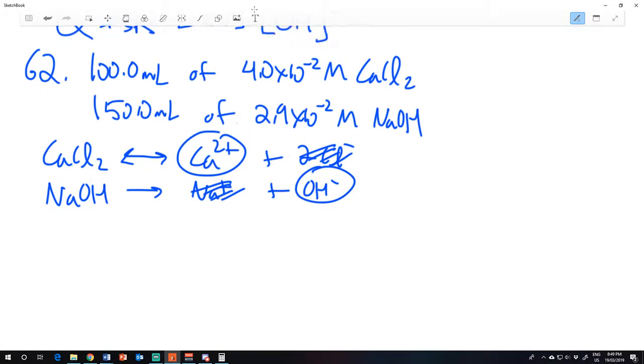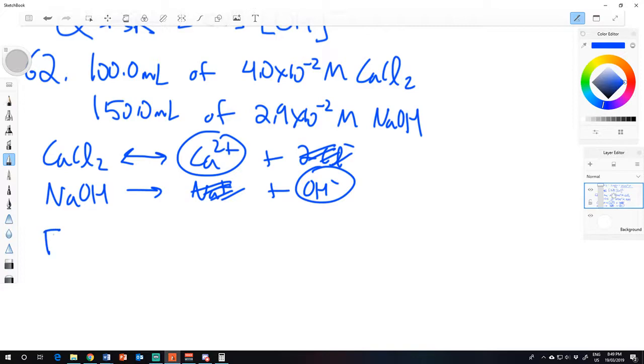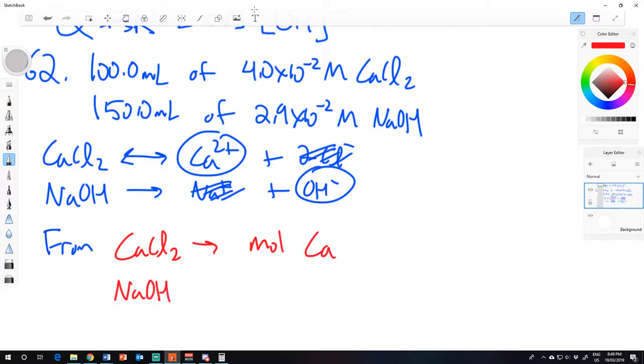From the CaCl2, we can calculate the moles of Ca. And then from the NaOH, we can calculate the moles of OH.